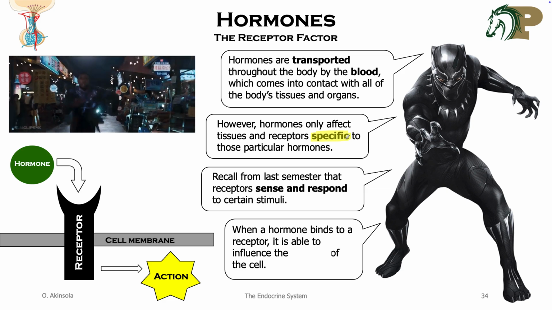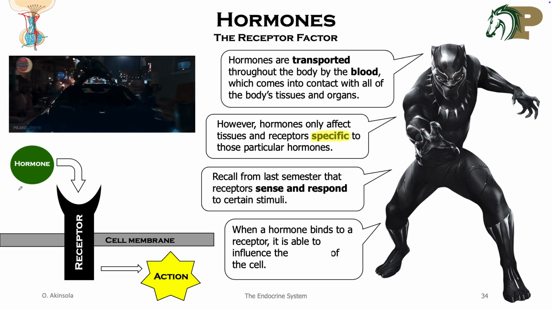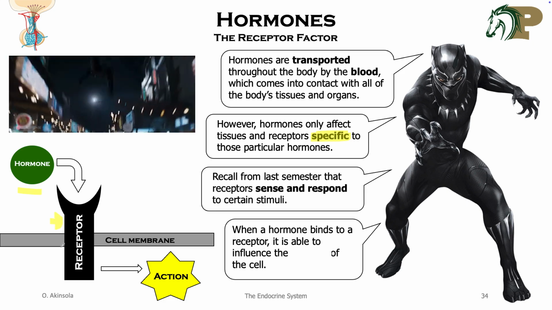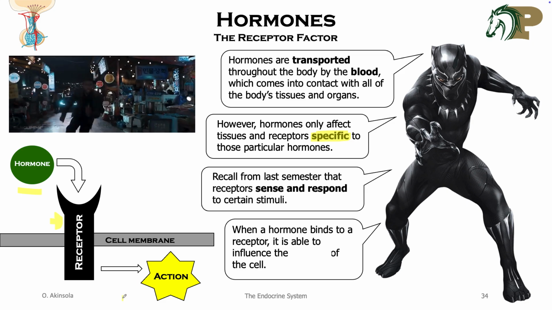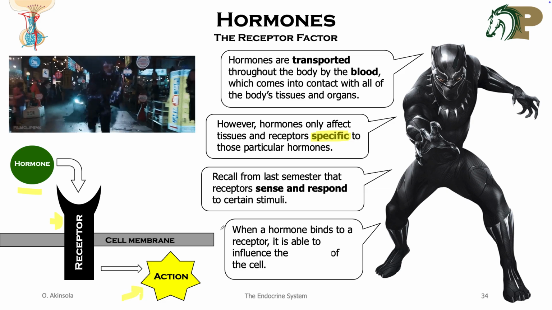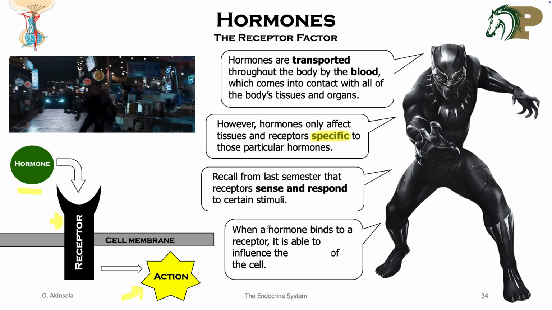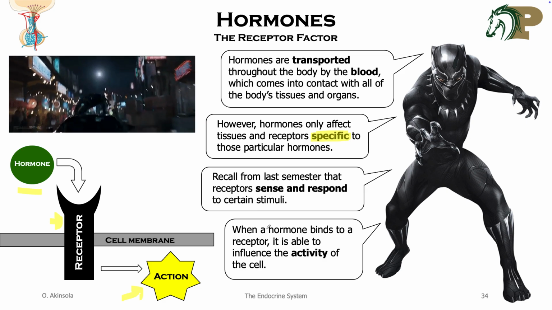Receptors will sense and respond to certain stimuli. We see that happening here. So we have a hormone binding to a receptor, and as that happens, an action will be propagated. When a hormone binds to a receptor, it is able to influence the activity of the cell.